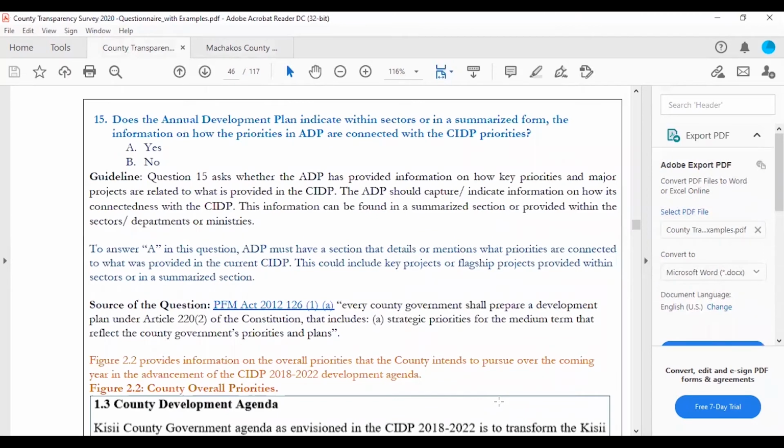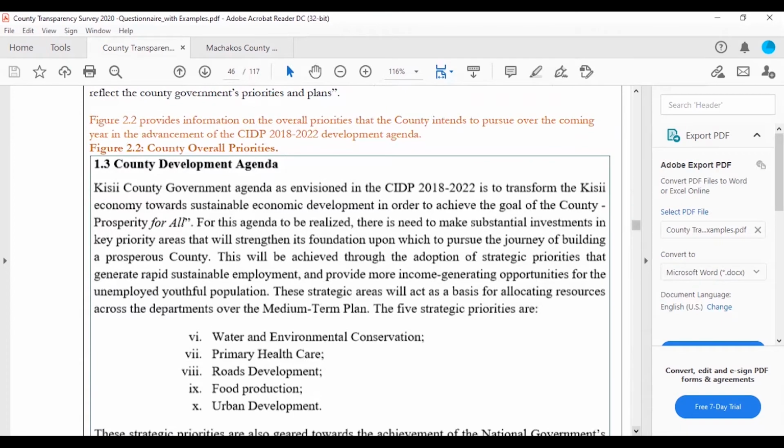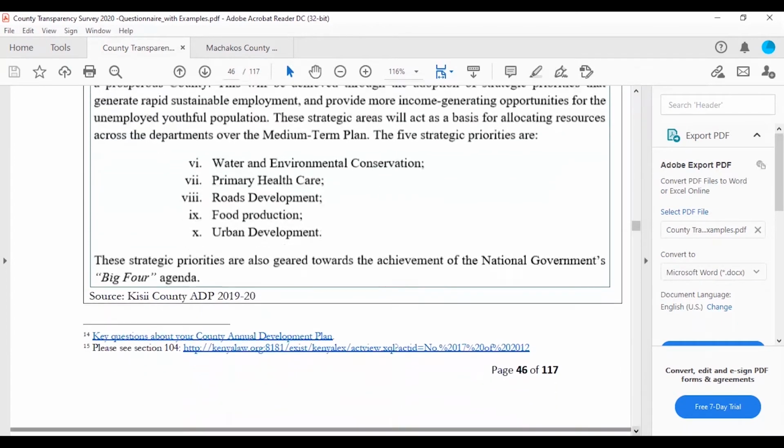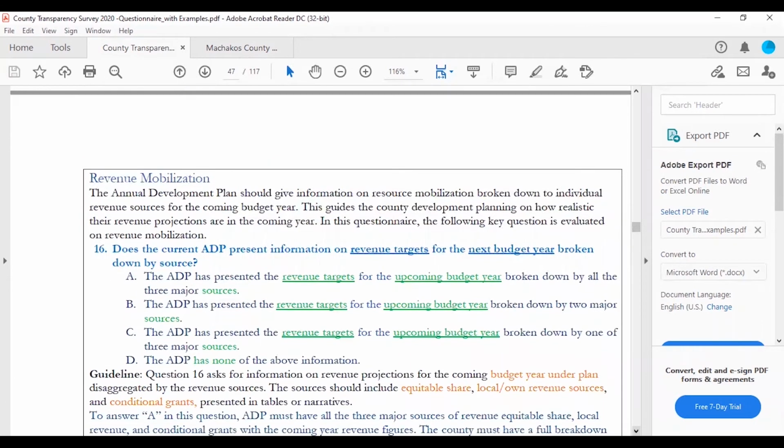Because if you look at the Public Finance Management Act 2012, Section 126(1)(a) states that every county government shall prepare a development plan under Article 222 of the Constitution that includes strategic priorities for the medium term that reflect the county government. So you can find that different counties have different modes of showcasing.